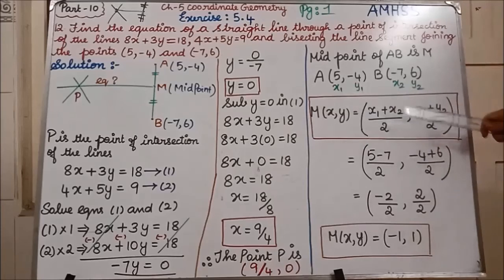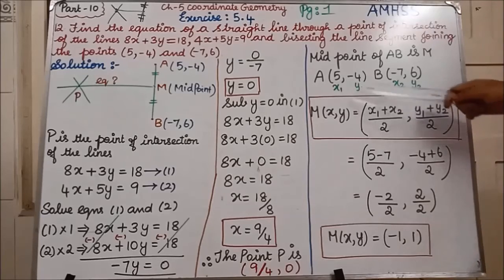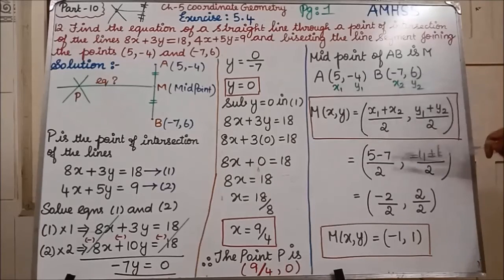The midpoint formula is what? x1 plus x2 by 2, y1 plus y2 by 2. x1 is what? 5, x2 is what? Minus 7 by 2. y1 is what? Minus 4, y2 is what? 6 by 2. So 7 minus 5 is, greater number is minus, 2 divided by 2. 6 minus 4 is 2 divided by 2. So if you cancel, we will get minus 1 by 1.